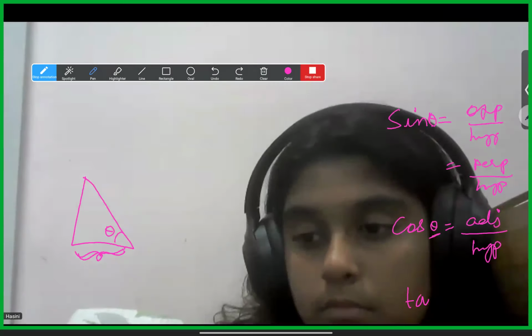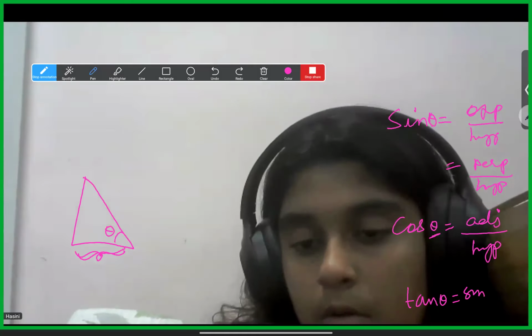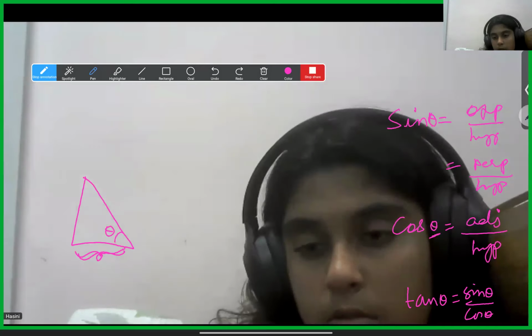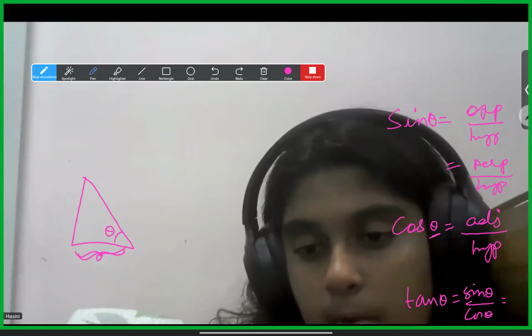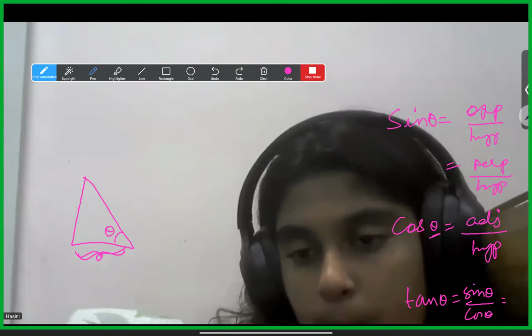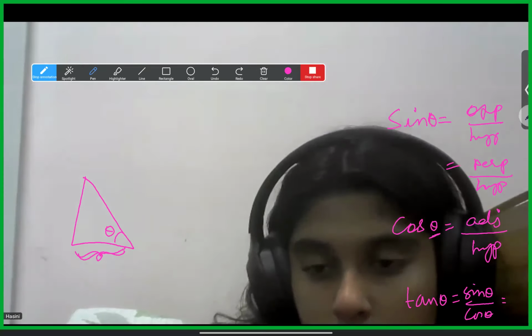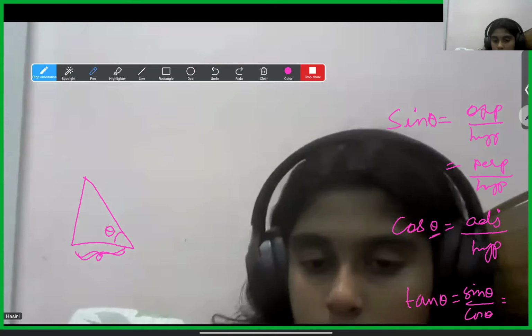Then tan is sin theta by cos theta, which is opposite by adjacent.